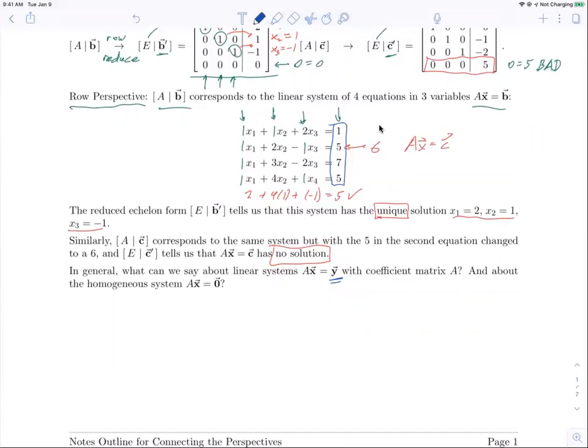We've basically seen the two cases. So AX equals y either has a unique solution or no solutions at all.